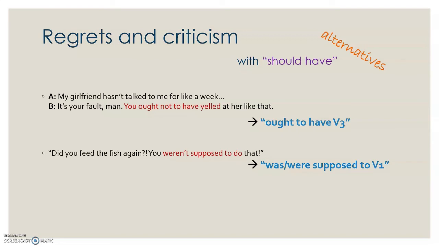Was/were supposed to verb 1 can also be used instead of should have. Be supposed to do something is actually used very often, specifically in spoken English. So, ought not to have yelled means shouldn't have yelled, and weren't supposed to do means shouldn't have done.